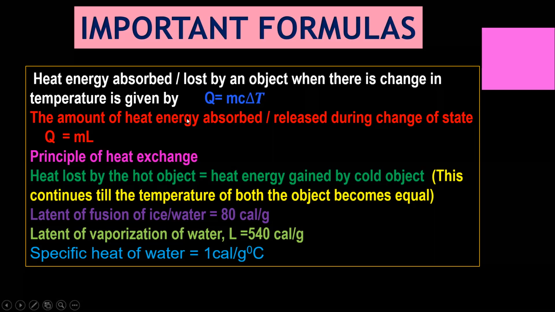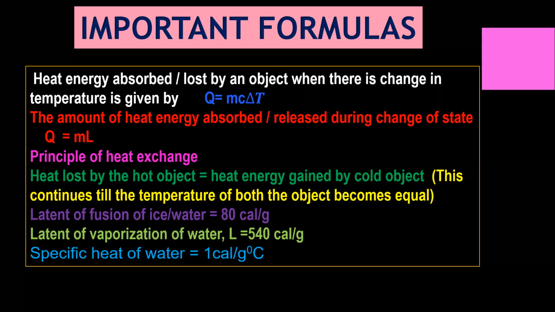The amount of heat energy absorbed or released during change of state is Q is equal to ml. That means the heat energy absorbed or lost during change of state. For example, water at 0 degrees Celsius is converted to ice at 0 degrees Celsius.